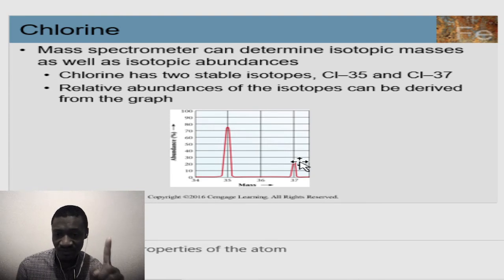Very important going forward: notice that it's not the bigger the mass, the bigger the abundance. The percentage abundance is entirely independent of their weight. So don't always assume that if you have 35 and 37, 37 will always be bigger in abundance than 35, because that's not how it works.